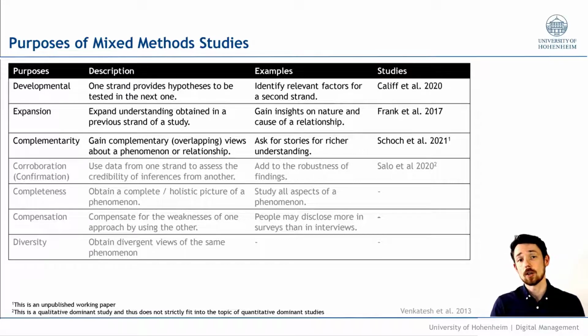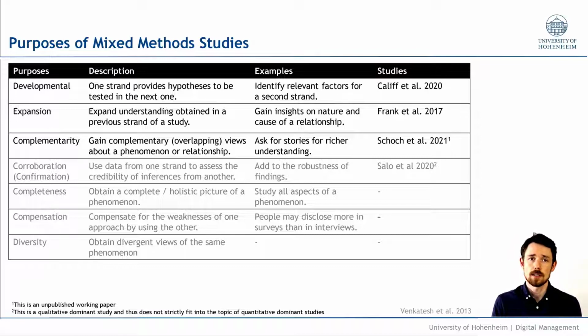And we will look at such an example in the readings, Frank and colleagues, and we'll see later on how they did that, how they expanded on quantitative findings through qualitative, richer insights on the nature of those quantitative relationships.